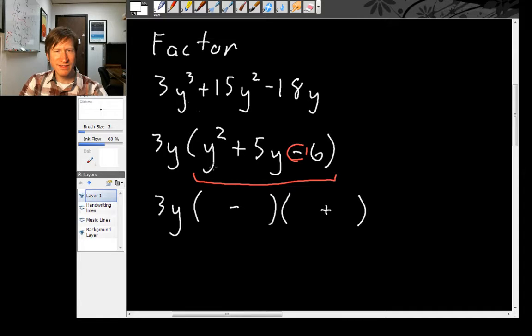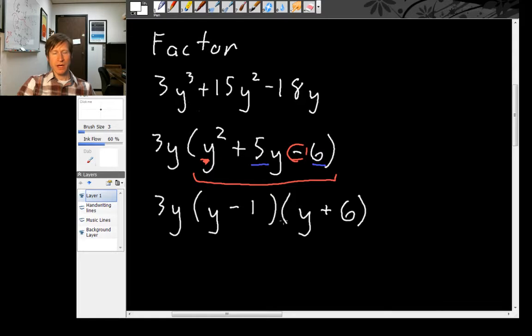Because of the y squared over here, I need a y here and a y here. And now I just need to come up with factors of negative 6 that add up to positive 5.